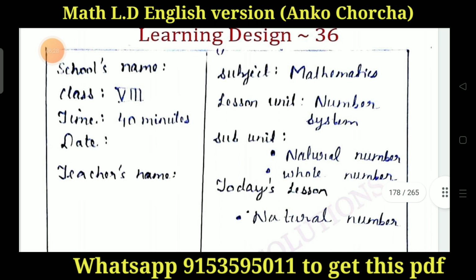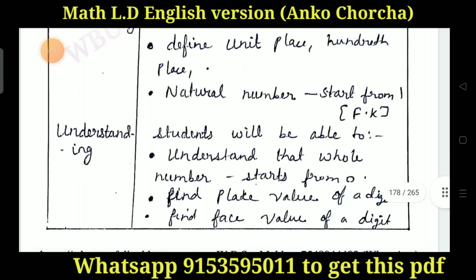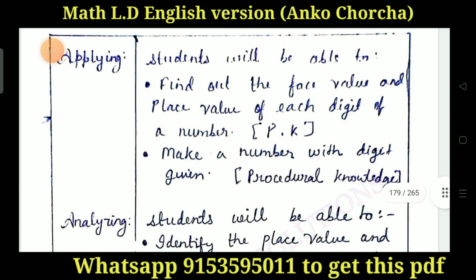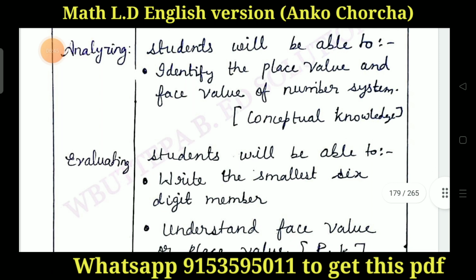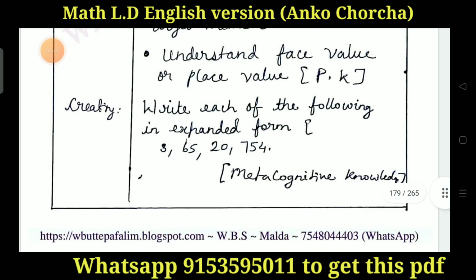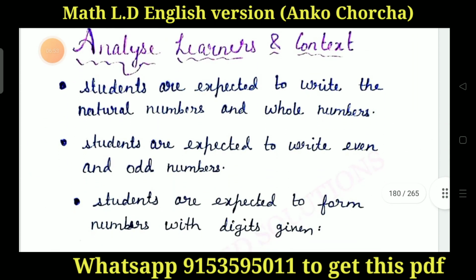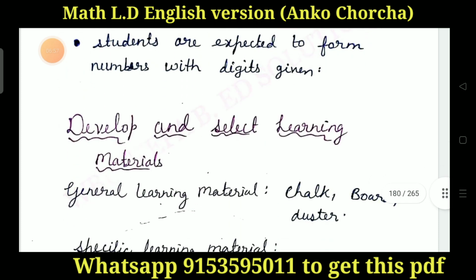Learning design 36. Today's lesson, natural numbers. Learning goals or objectives: remembering, understanding, applying, analyzing, evaluating, creating. Analyzing learner and context: students are expected to write the numeral, natural number and whole number, and some others.